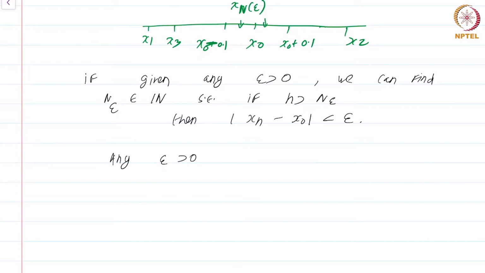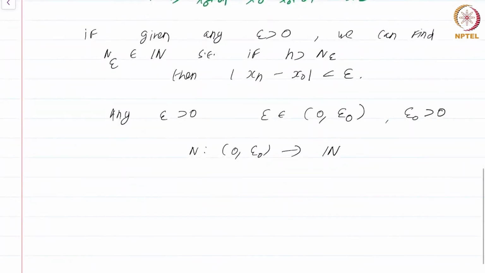If you could do it for epsilon in some interval 0 to epsilon naught, where epsilon naught is of course greater than 0, in other words, if you can find a function from the open interval 0 to epsilon naught to the natural numbers, such that the definition of convergence is satisfied for all epsilon coming from this open interval, then you are actually done. You can make this function capital N actually from R plus to natural numbers.